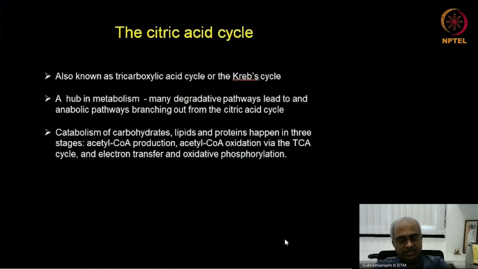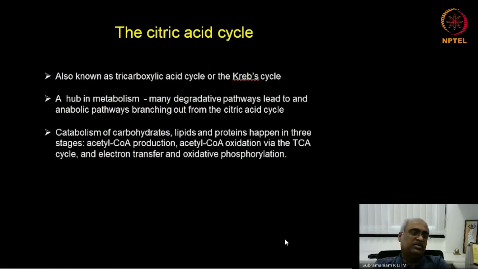That is how pyruvate gets reduced via acetaldehyde, involving a decarboxylation step. In neither of these two is it fully oxidized to carbon dioxide. In the presence of oxygen, it gets oxidized to carbon dioxide. So how does that happen? That is where we are going to see the citric acid cycle.